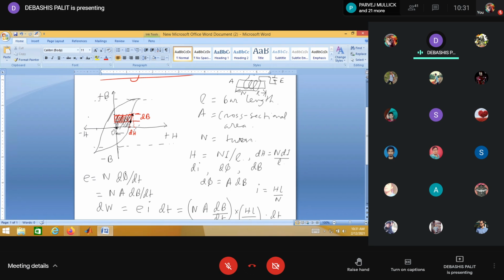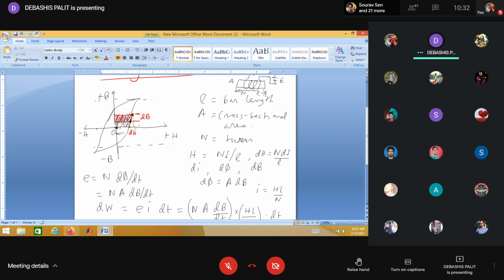So if you consider the whole cycle, this total portion, when there is a complete reversal of current, that is plus I to minus I. From the initial moment, when the cycle is completed, the current is firstly incremented from 0 to a certain maximum point, then from the maximum point to 0, then again in the reverse direction the current increases, and then the current goes to 0.